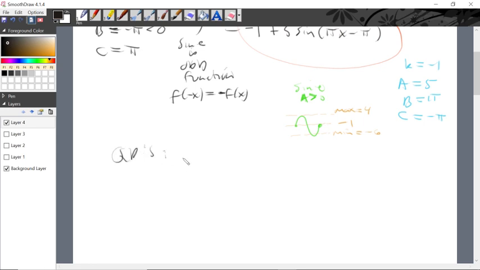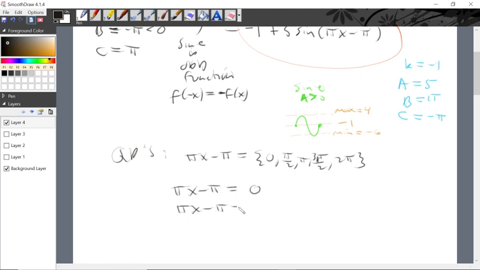All right, you can take the argument, which was pi x minus pi, and you can set it equal to the 5 quantities: 0, pi over 2, pi, 3 pi over 2, and 2 pi. Okay, so we get pi x minus pi is equal to 0. Pi x minus pi is equal to pi over 2.